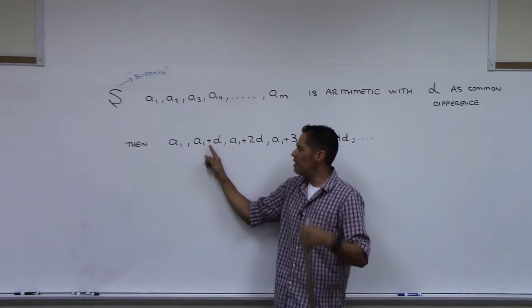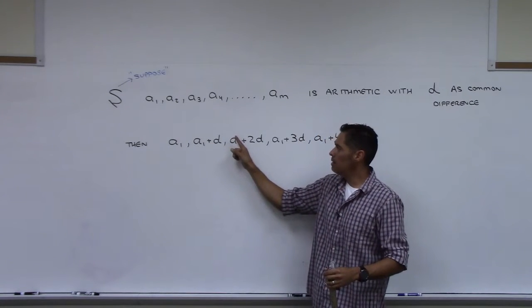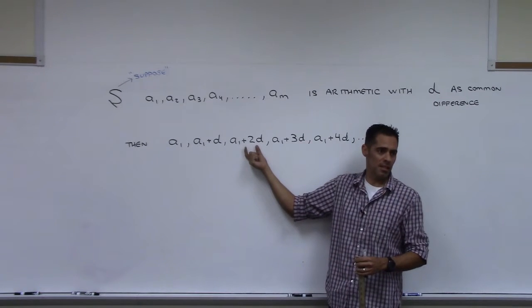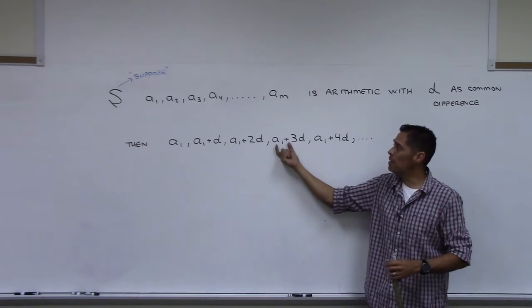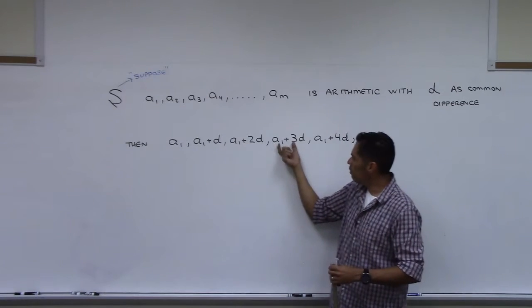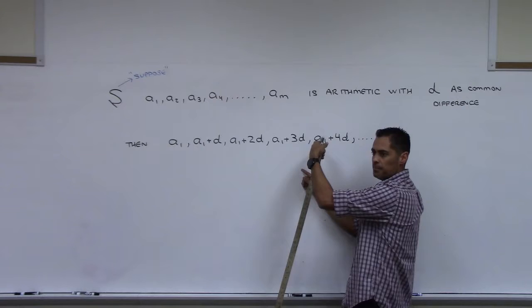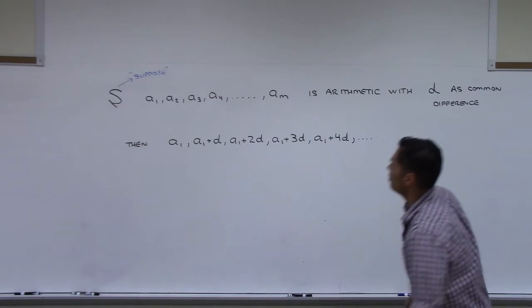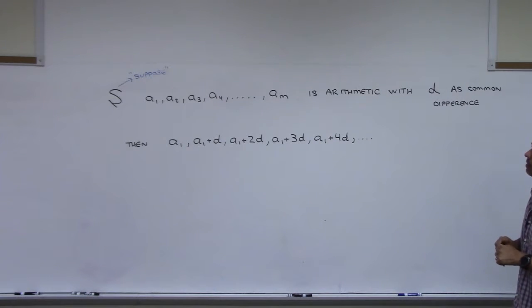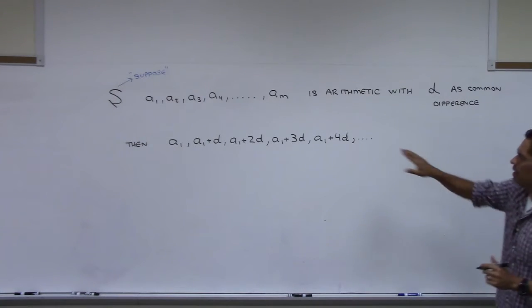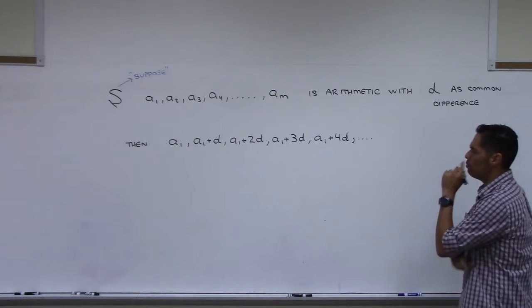Then the next number should be that first number, but it's 2 jumps, so plus 2 of the d's. And the fourth number would be the first one with 3 jumps. Make sense? So what we're trying to do is figure out what would the nth one be? Nth, not m, sorry.